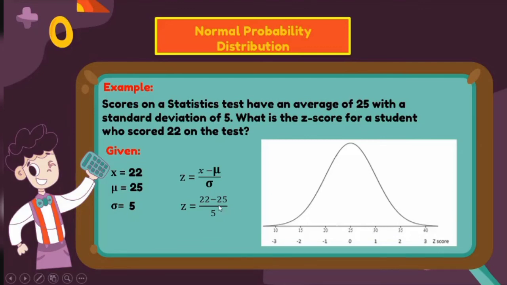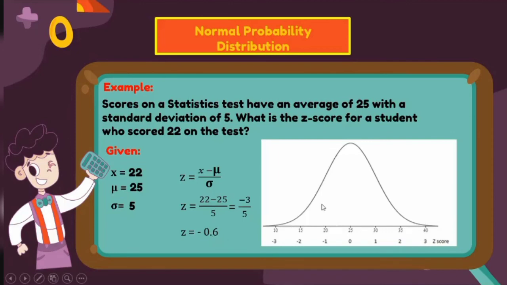And the next thing is we have to simplify this given. So 22 minus 25 is equal to -3. Then copy yung denominator natin is 5. So next thing natin is you have to divide -3 by 5. So -3 divided by 5, so you will have C is equal to -0.6.